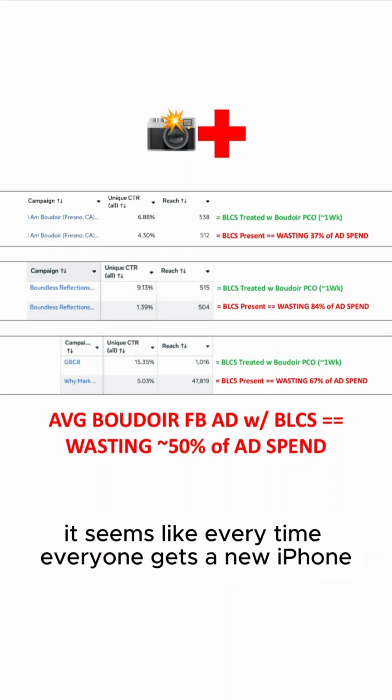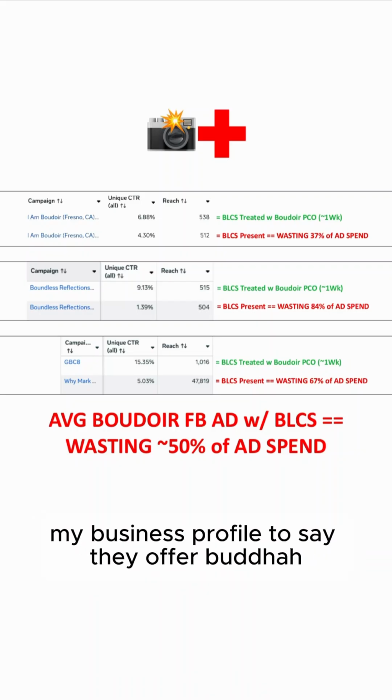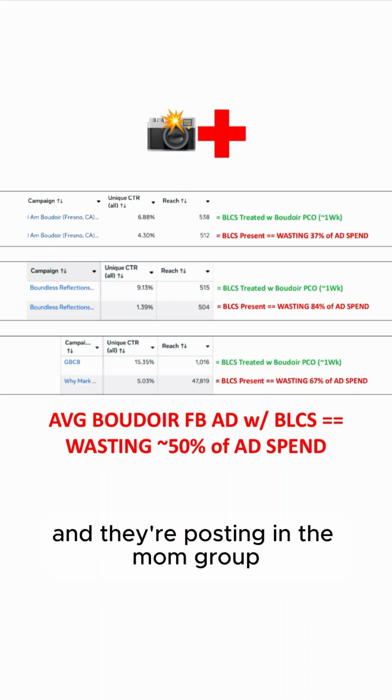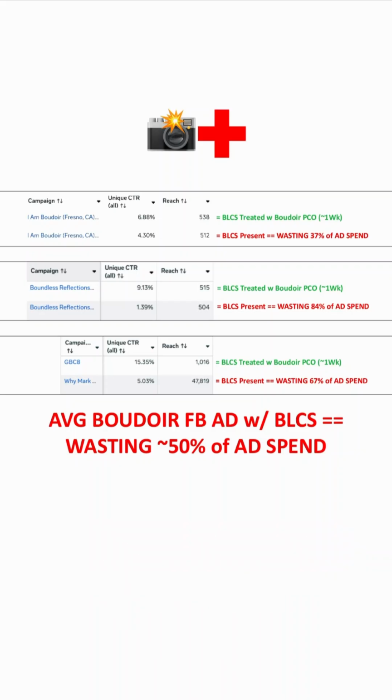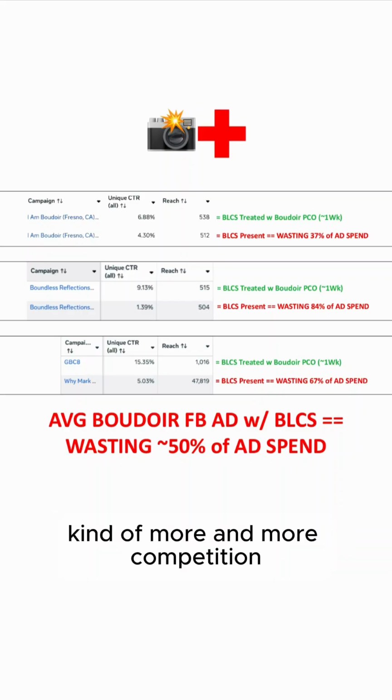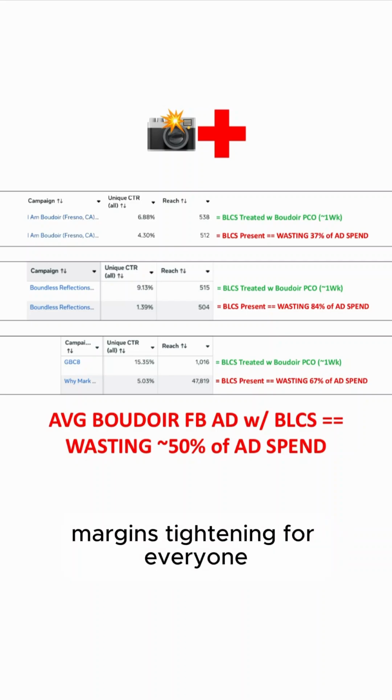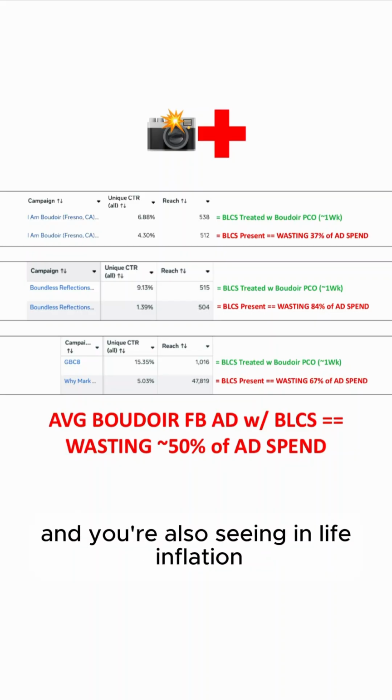It seems like anytime everyone gets a new iPhone, they turn on Google My Business profile to say they offer boudoir, or they get a new camera and they're posting in the mom group saying they offer boudoir. So more and more service providers, same number of buyers, more and more competition, market's getting saturated, margins tightening for everyone. And you're also seeing life inflation, life costing more and more.